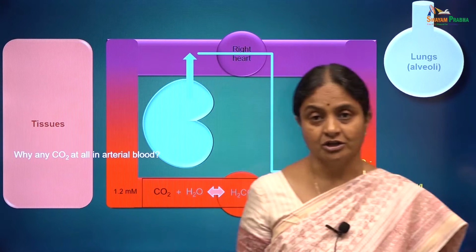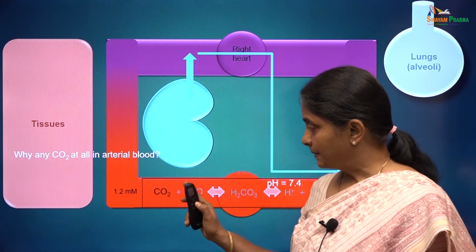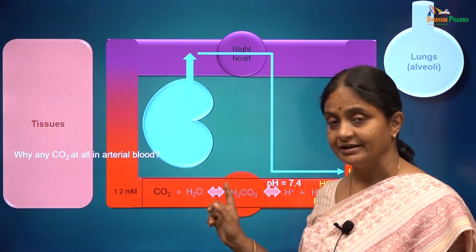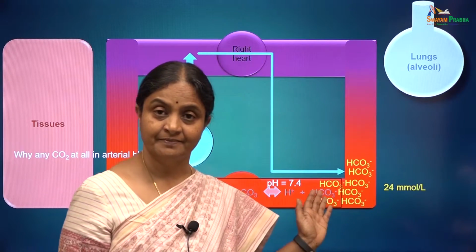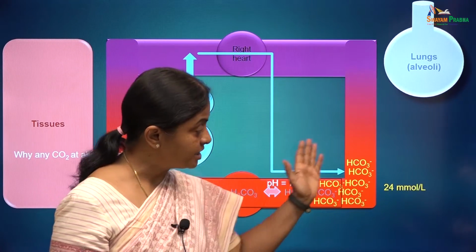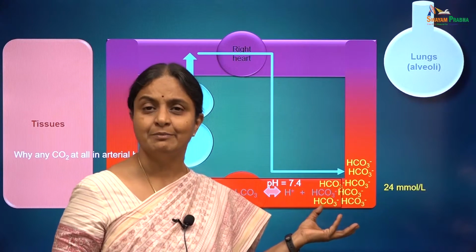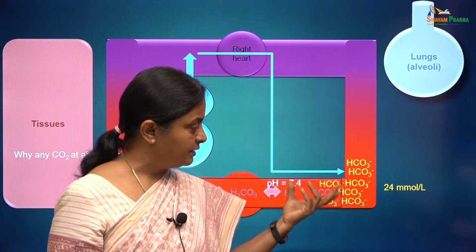It is a useful concept here that carbon dioxide is not the pH offender in this case. It is in fact bicarbonate. That amount of bicarbonate has to be there in plasma for some other reason. We will see that later.